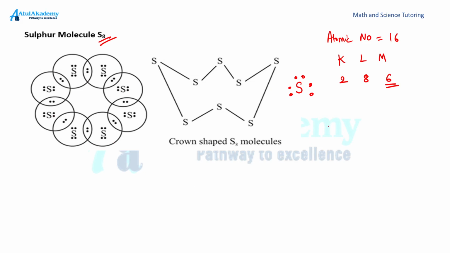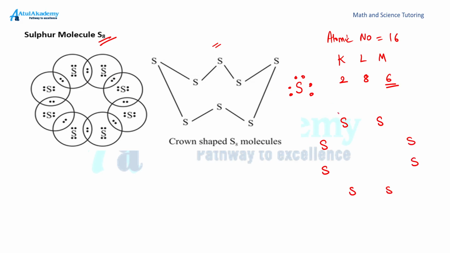So we will arrange them in this form. There is a crown shape also, but it's easy to make the ring form, so we will do it like that. So let me first arrange all of them like this: sulfur, sulfur, one more sulfur, sulfur. Total there are 8 sulfur atoms.